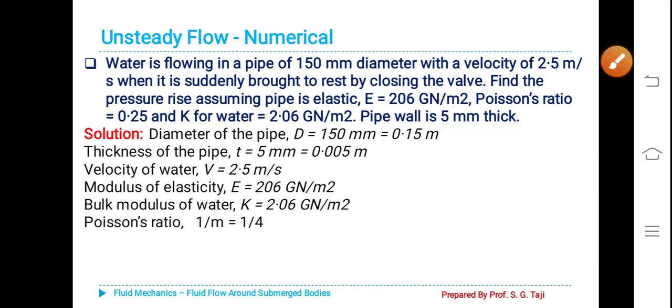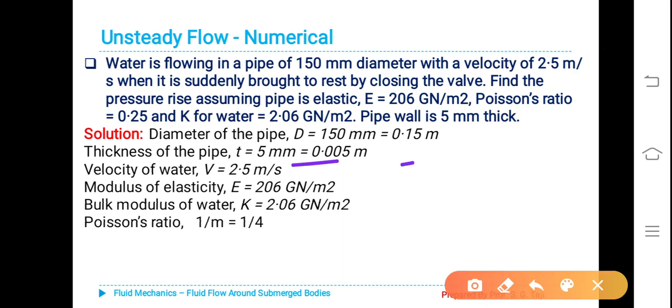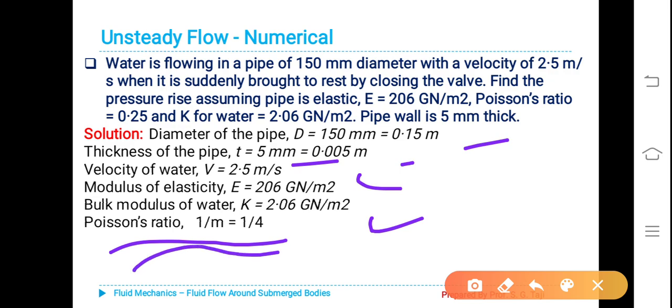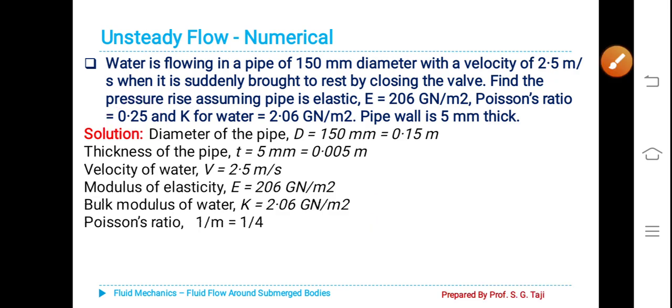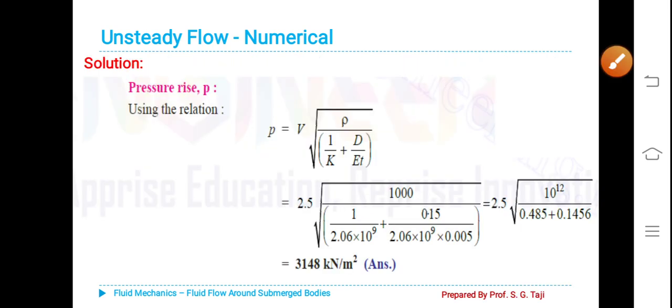Diameter of the pipe D is equal to 0.15 meter. Thickness 0.005 meter because it is 5 mm. Velocity of water 2.5 meters per second. Modulus of elasticity given. Bulk modulus of elasticity of water is given. Poisson's ratio, as I have already told, 1 upon m is equal to 1 upon 4, that is equal to 0.25. Solution.